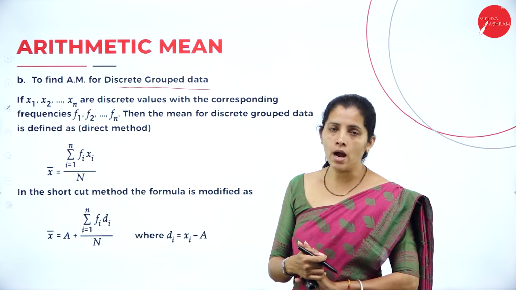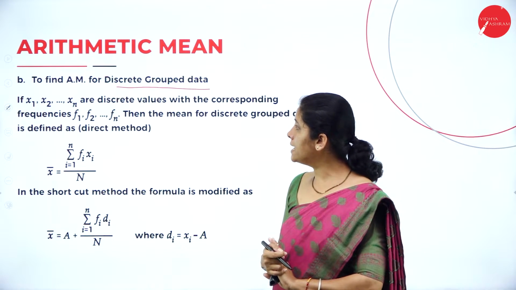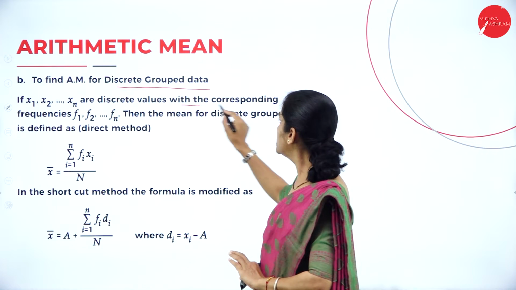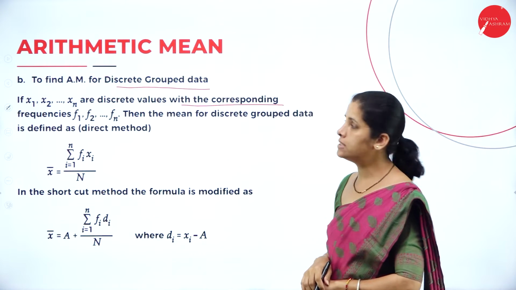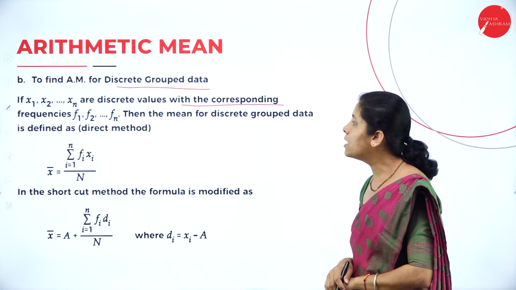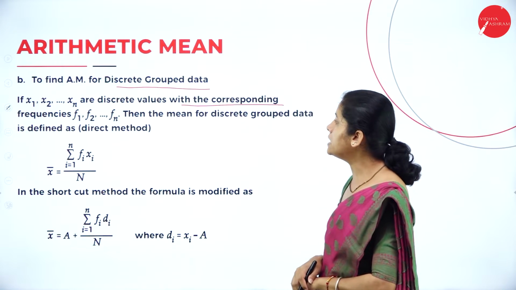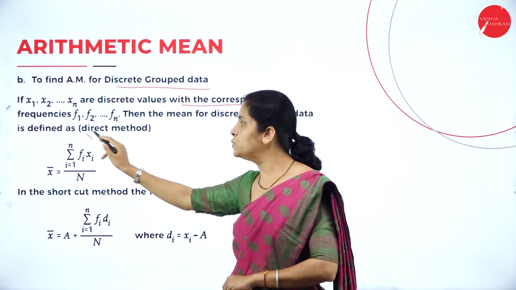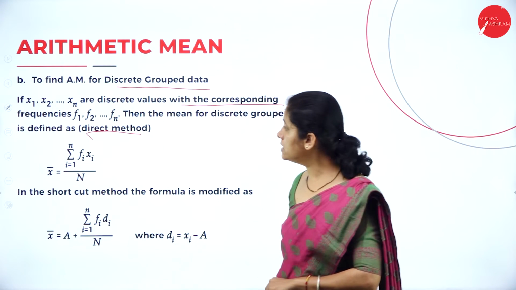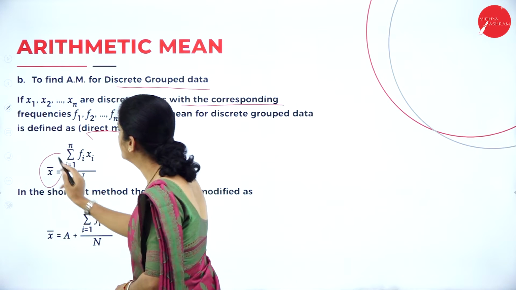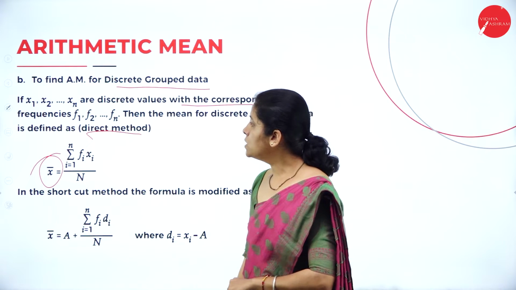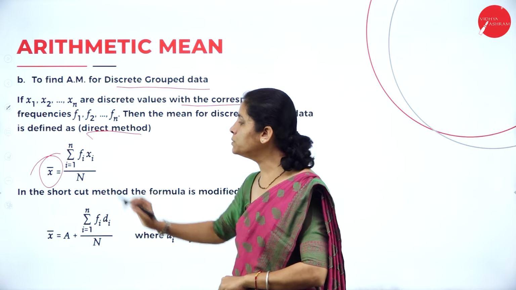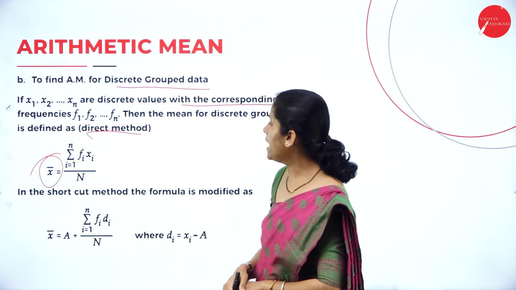If x1, x2 up to xn are the discrete values with the corresponding frequencies, then the mean of discrete grouped data is calculated by the direct method: mean equals summation of fi into xi divided by n.